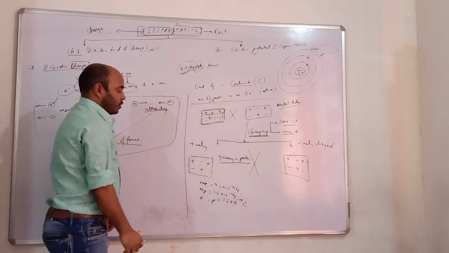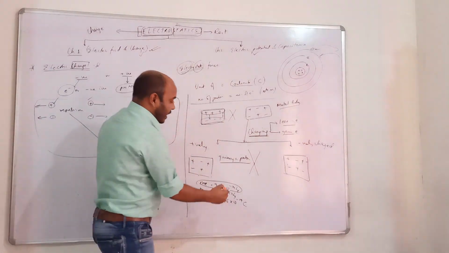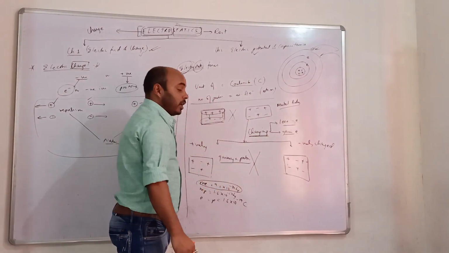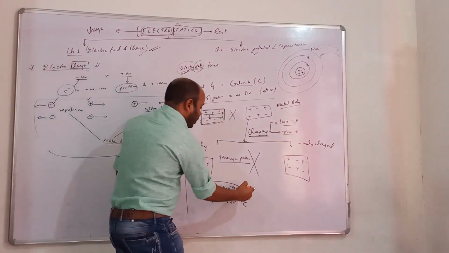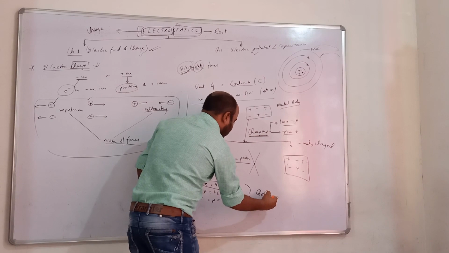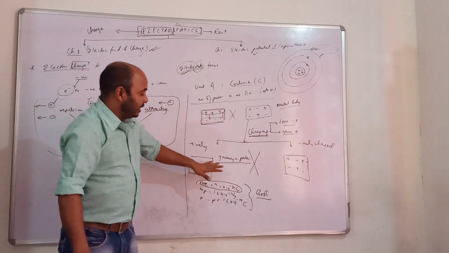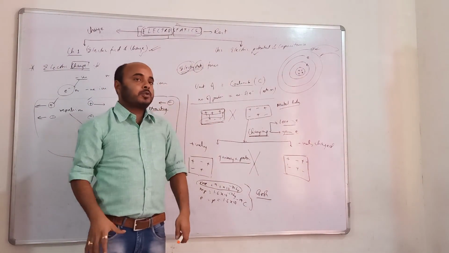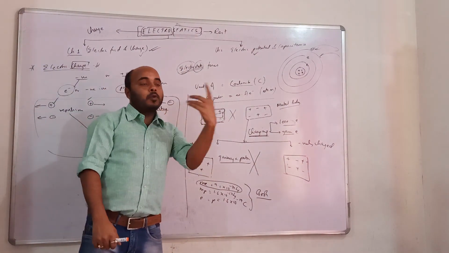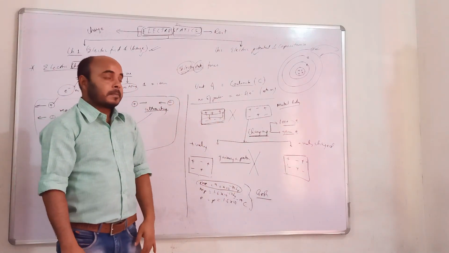So yes, the electron has some mass, but the mass is very small. These data you can find in any book, no problem. And in boards, when you get the paper, these data are given to you. In the paper, all data are given. So no worry. The worry is when you go for the entrance exams, where these data are not given, so you have to memorize all the data.